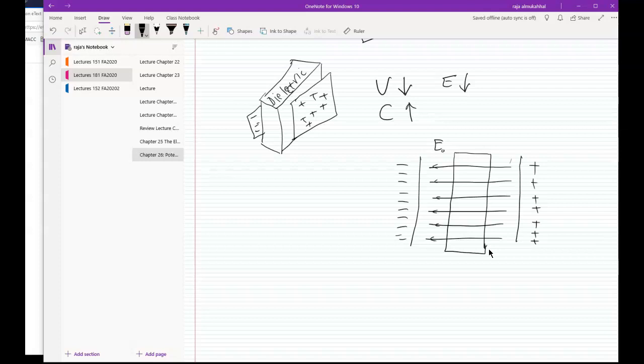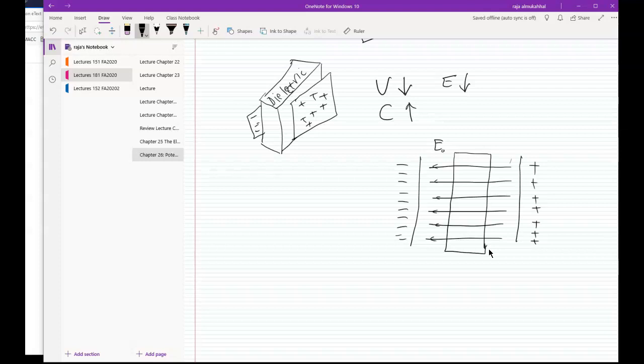This insulating material is made out of molecules, and since it is not a conductor, it doesn't have valence electrons that can move freely. So those molecules are bonded together. They can vibrate, maybe they could rotate to a certain extent, but they cannot move all over the place. See what I'm saying?